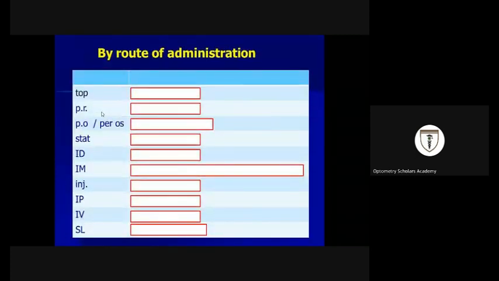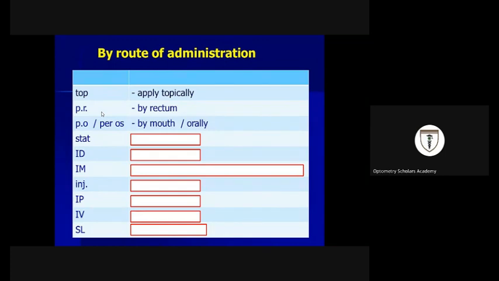Now these are abbreviations for routes of administration. TOP means apply topically, PR means by rectum. PO means by mouth or orally, or PO/OS means orally. Then STAT means immediately.